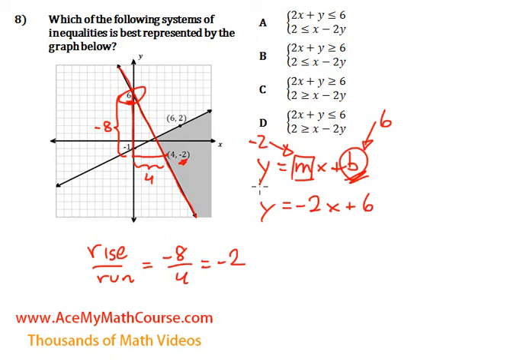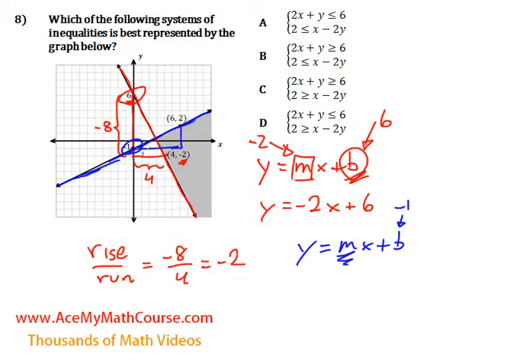Okay. Now, let's determine the equation of the other line, which I'll make the blue line. So y equals mx plus b again. The y-intercept is -1, because that's where the line intersects the y-axis. And the slope, what is the slope? The rise over the run.